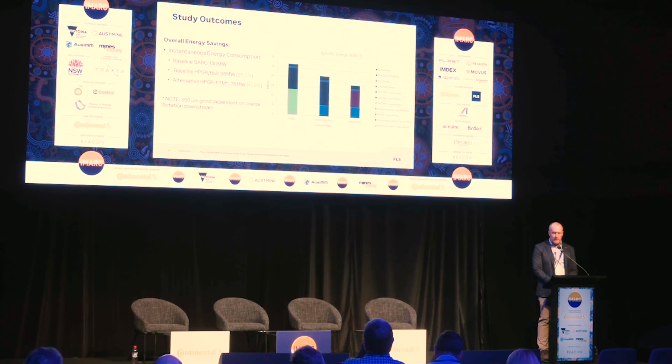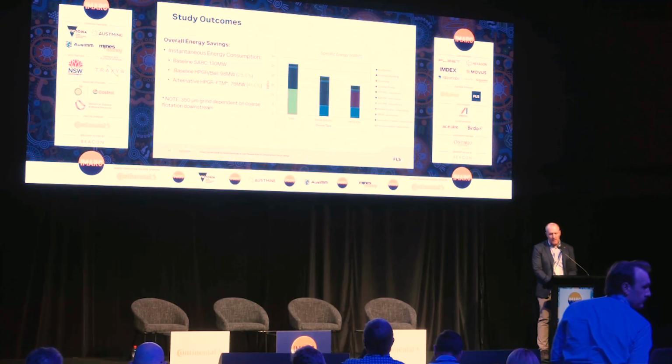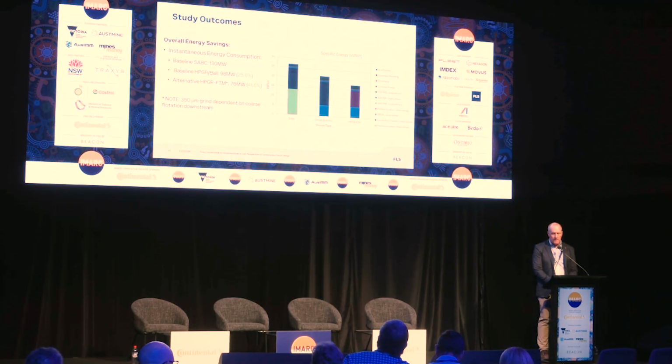And then with our alternative HPGR FTM circuit, grinding to 350 microns, there was an additional 22 odd megawatts of power savings that we could introduce into that circuit. Obviously, this depends on the downstream flotation circuit being able to process and separate at 350 microns.